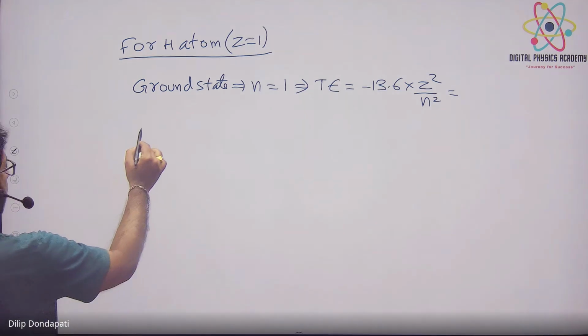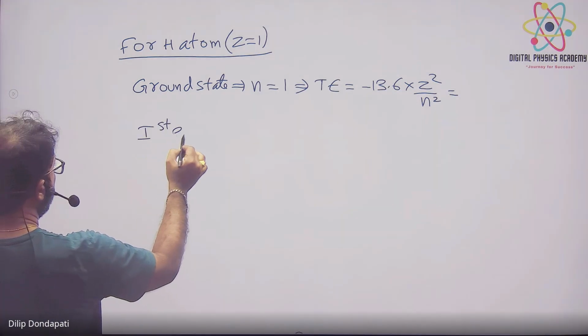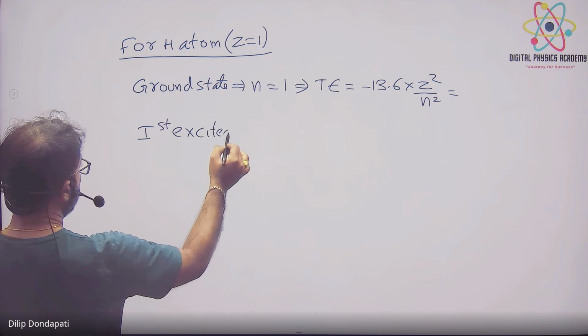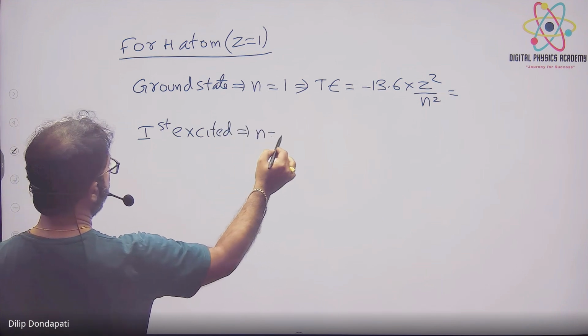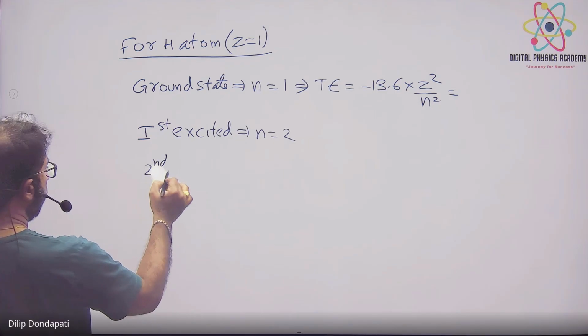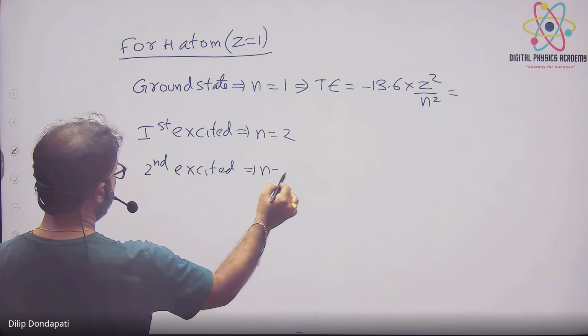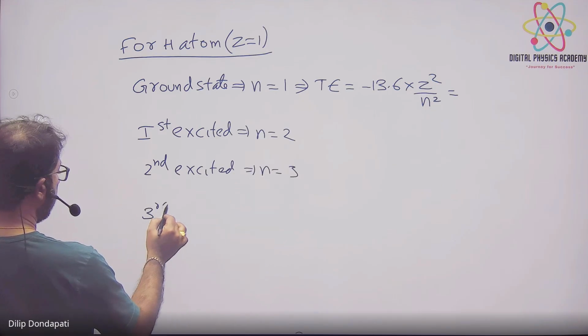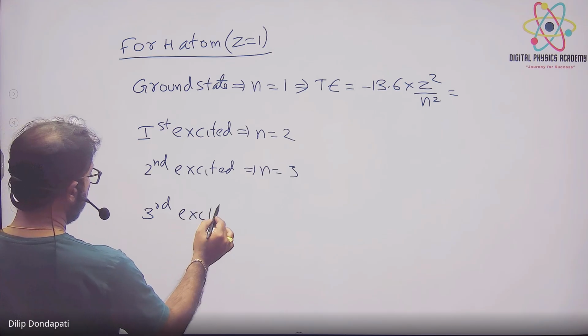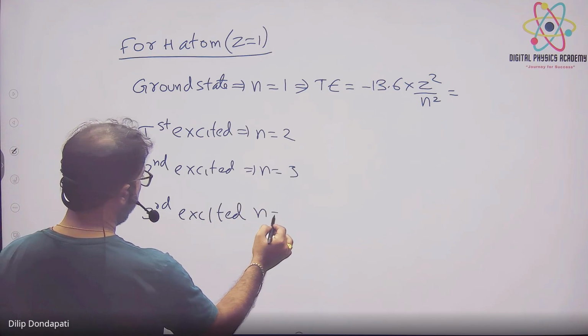And similarly calculate first excited state. First excited means n is 2. Similarly second excited state, n is 3. And third excited state, n is 4.